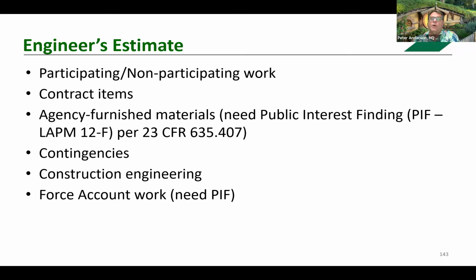If the local agency wants to utilize federal funds for construction engineering, then the CE needs to be identified as part of the estimate. If force account or day labor is to be included in the project, it must be listed on the estimate as a separate item. Again, this must be justified through the 12F, that public interest finding.